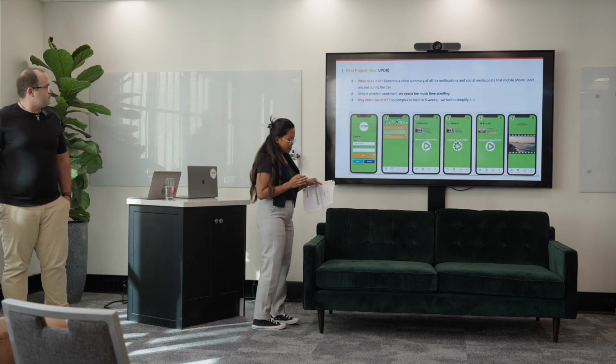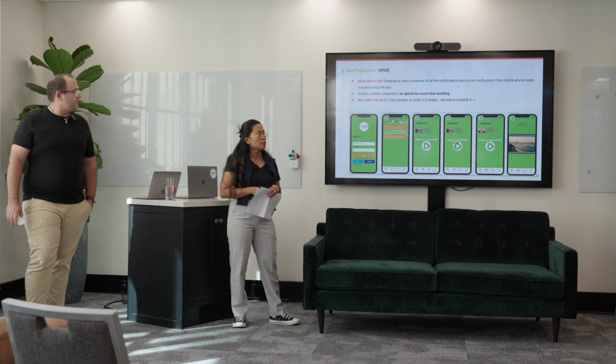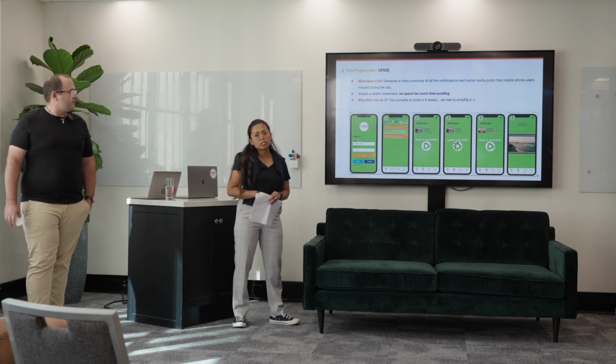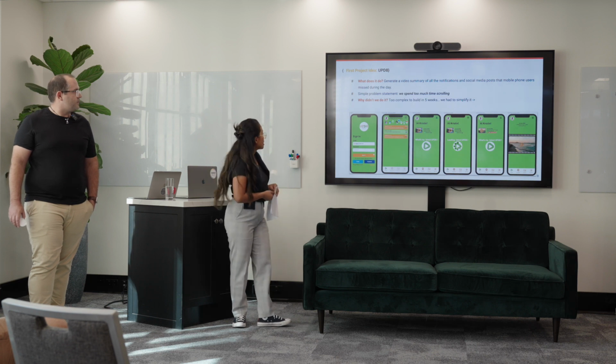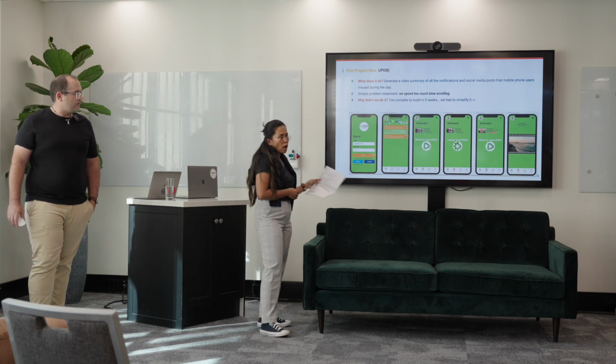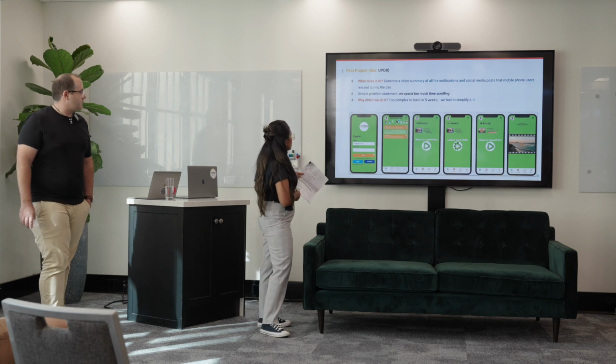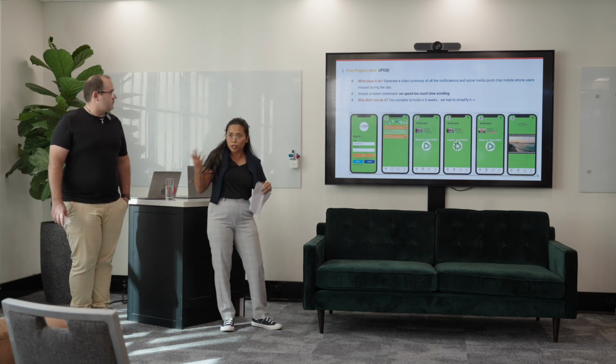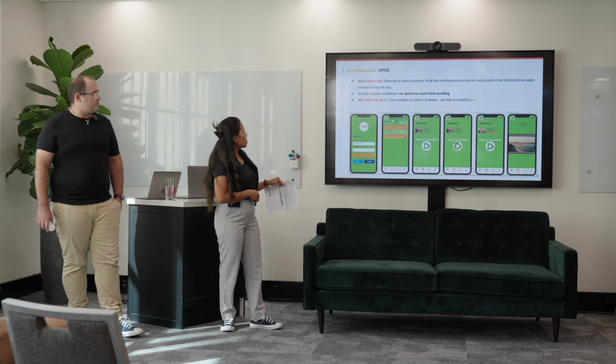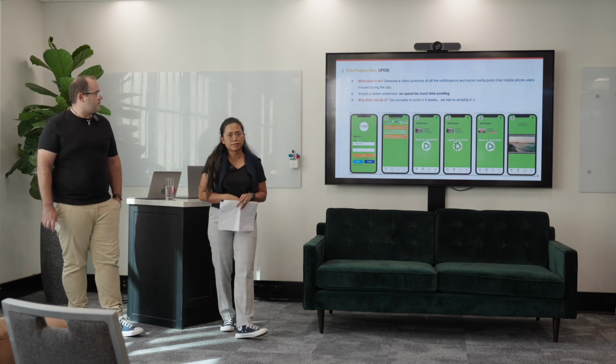We had this idea because we spend too much time scrolling. But why did we drop it? It's because it was too complex to build in 5 weeks. So we had to simplify it.